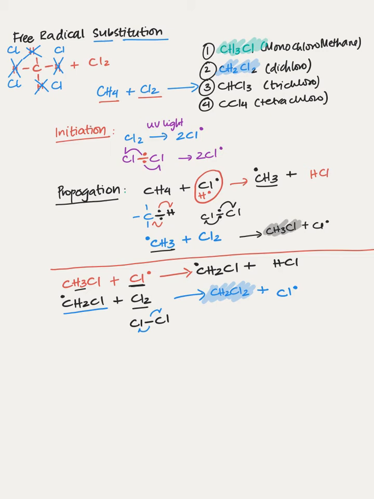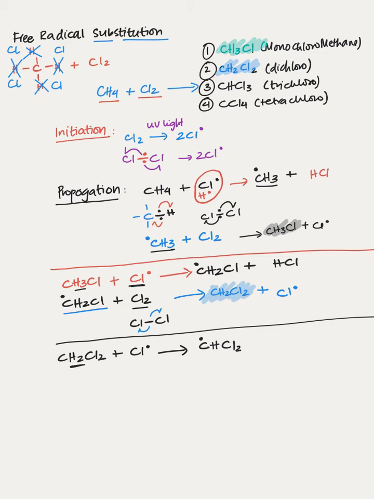After obtaining dichloromethane, we can also further obtain trichloromethane. Let's see how. Now this dichloromethane, which is CH2Cl2, joins with the Cl radical. And one of the hydrogens has to be broken off. One of these two. So it will become CHCl2 radical.